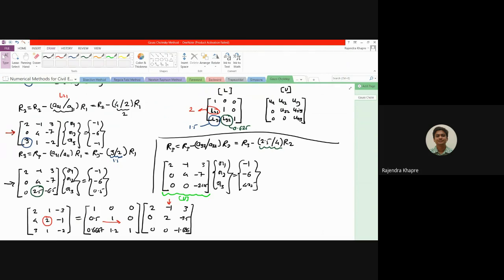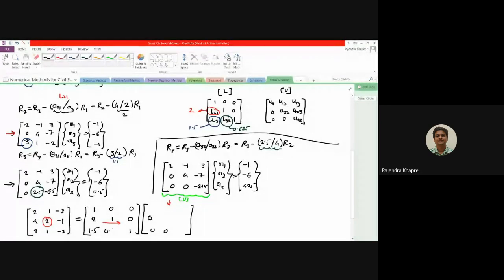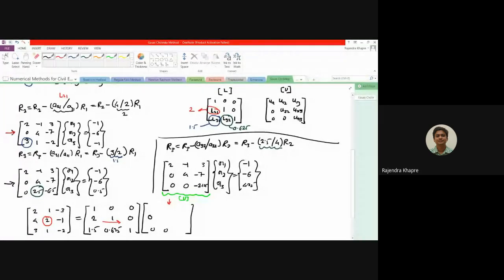Okay, so let me rewrite the matrices one more time, because there are some errors over here. Now the lower triangular matrix: this value will be 2, this value will be 1.5, because these are the factors, and this is 0.625. As far as the upper triangular matrix is concerned, this is already ready with us.